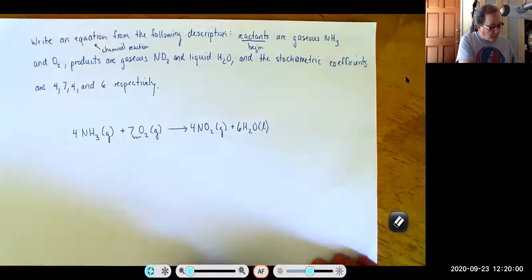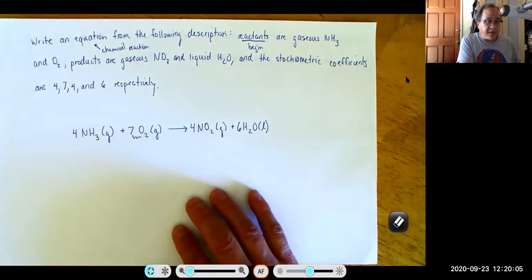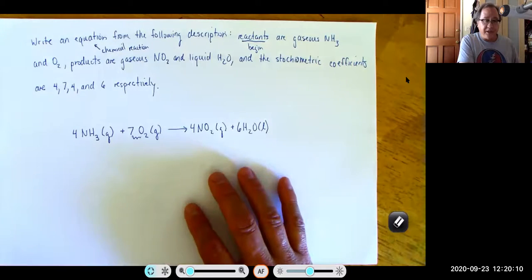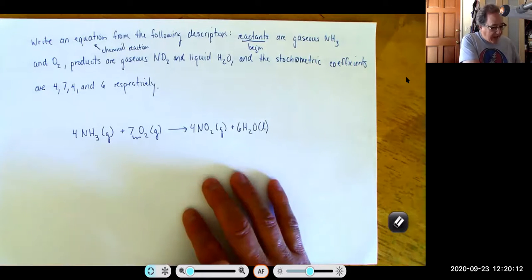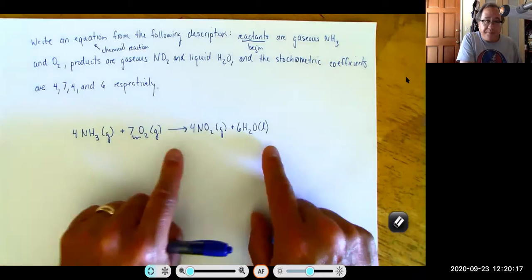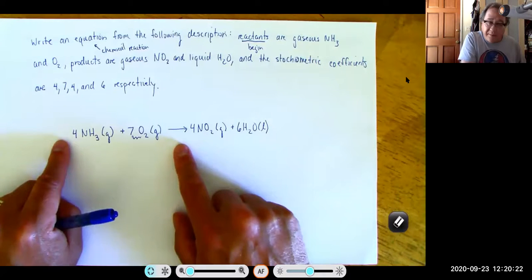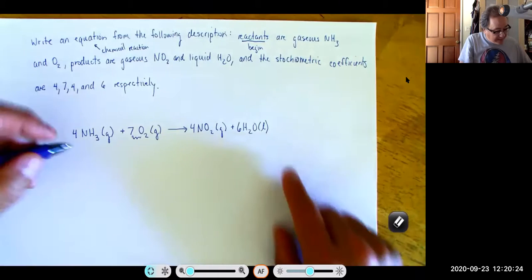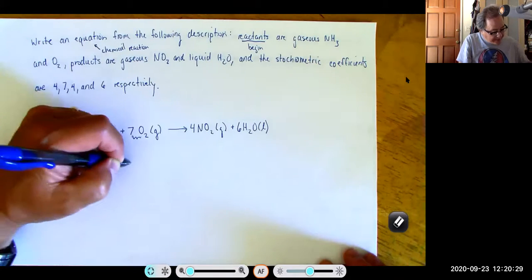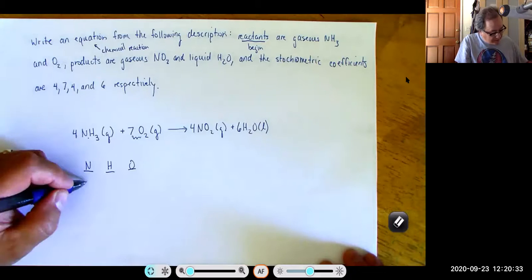And you might wonder, well, why those coefficients? And the reason is because this chemical reaction, which is balanced, shows that the atoms on the left are the same as the atoms on the right, and the numbers of those different atoms on the left equal the same numbers on the right. In fact, if we make a list, nitrogen, hydrogen, and oxygen, and count the atoms on the left, we have 4 times 1, 4 nitrogen atoms.